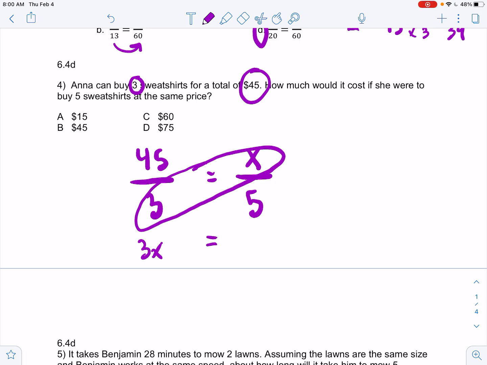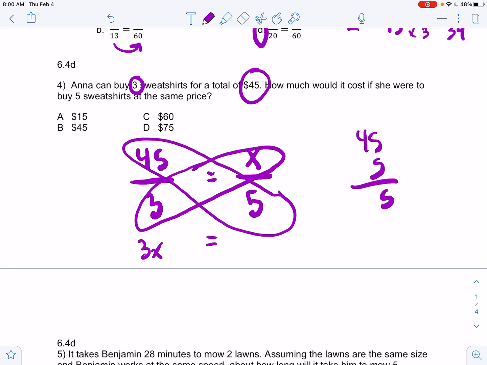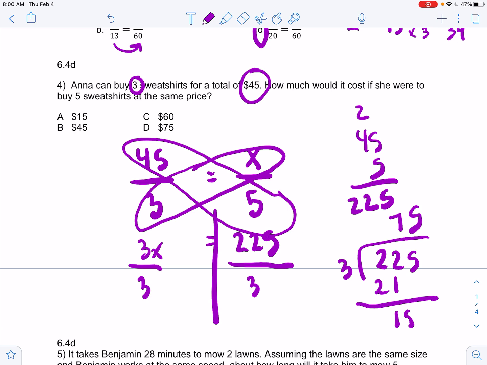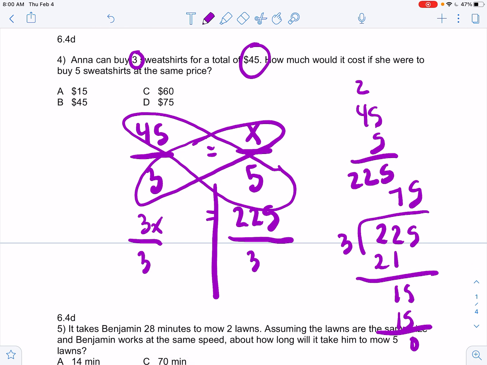3x is equal to 5 times 45. $225 divided by 3. $75 for 5 sweatshirts.